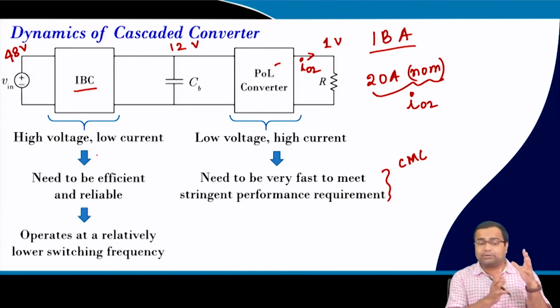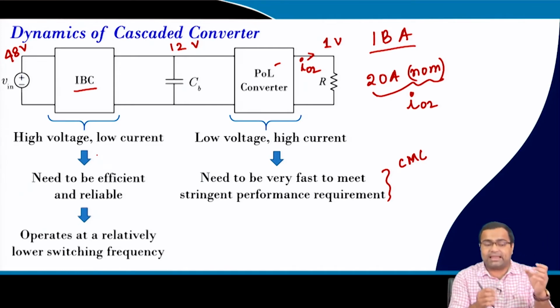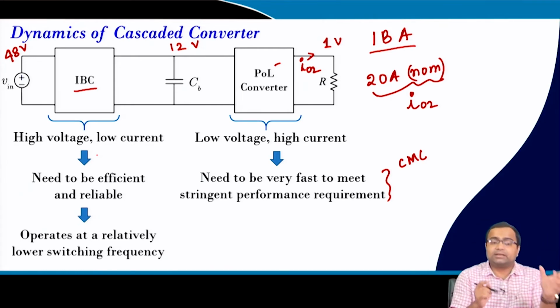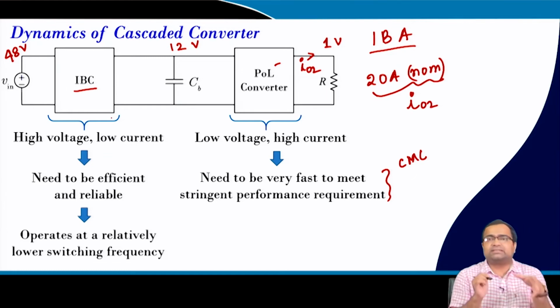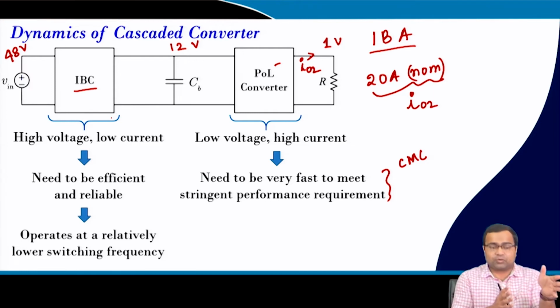We have discussed the losses, and what we learned from the previous lectures is that if the input voltage is high, then the switching loss can be significant if the switching frequency is high. So, for a high voltage DC-DC converter, we should not go for a very high switching frequency, because the switching loss can be very high: it is proportional to the input voltage, and of course it is proportional to the switching frequency.